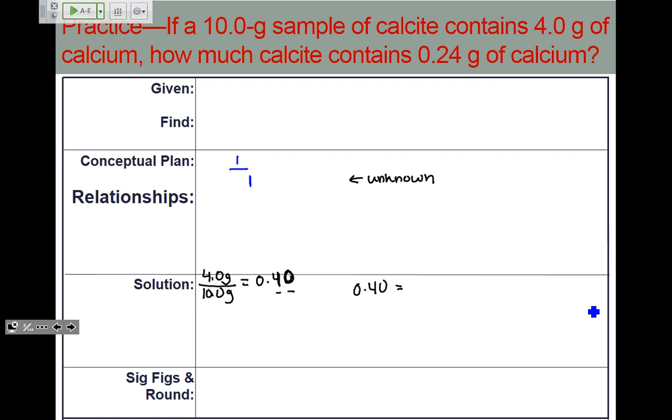So we know that this ratio is equal to our calcium in sample 2. And we were looking for our calcite of sample 2. So we're given our sample 2 calcium. It's this.